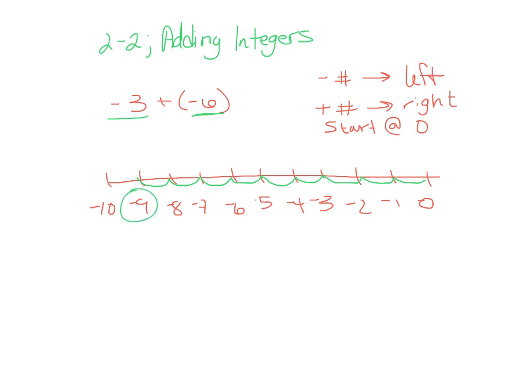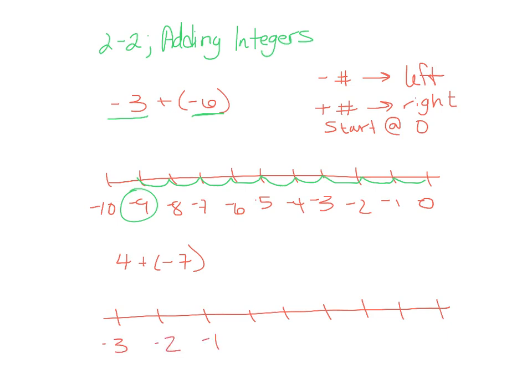The next one tells me to do 4 plus negative 7. So we have a number line here. A number line is easy for small numbers, single digit numbers that you're looking at. It's always a good place to start, in my opinion. Okay?